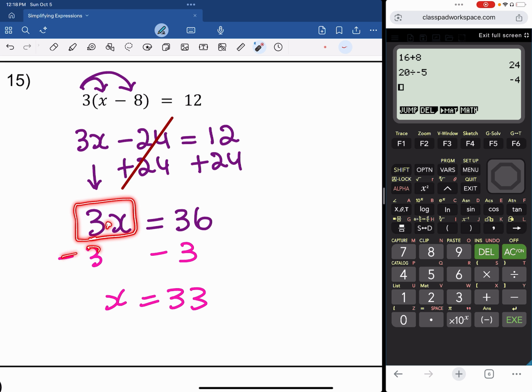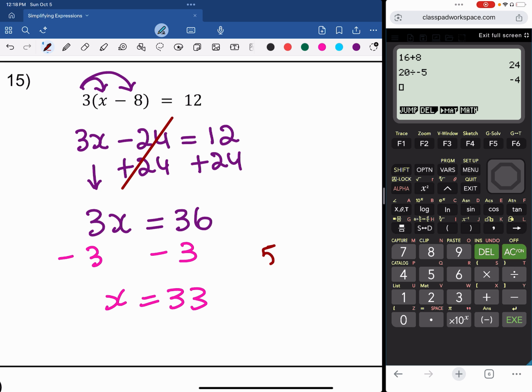So we cannot subtract 3 from both sides and say that we're left with x. That would be saying if I had 55 and I subtracted 5, that I'm going to be left with 5. See, this is not true, right? So same thing for this side. If I have 3 times x and I'm going to do the opposite of multiplication, then I need to divide. I can't subtract 3 from both sides.